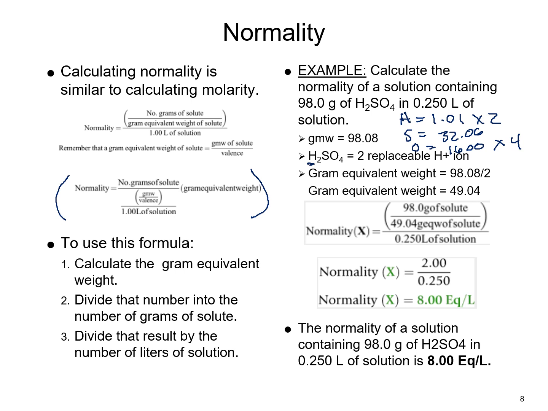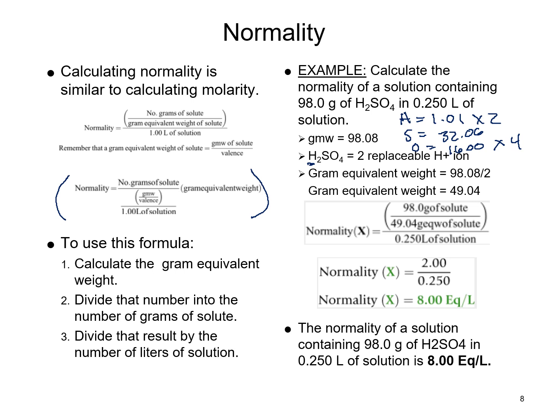Then you're going to divide that whole number by 2, which is going to give you your gram equivalent weight. Now when you plug that in, you have 98.0 grams of solute divided by the gram equivalent weight, 49.04. And then of course you divide that whole part by the 0.25 liters of solution.